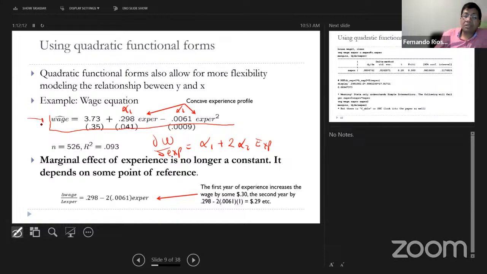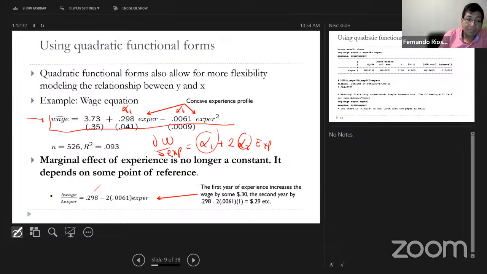The only thing I'm doing is obtaining the partial derivative of this function with respect to experience. Now I substitute the values, alpha 1 for 0.298, and alpha 2 for minus 0.061.